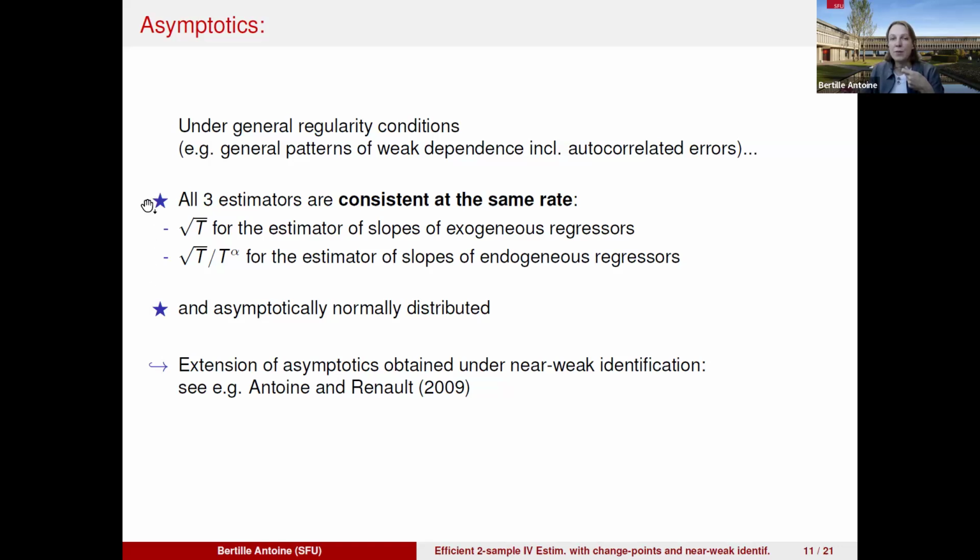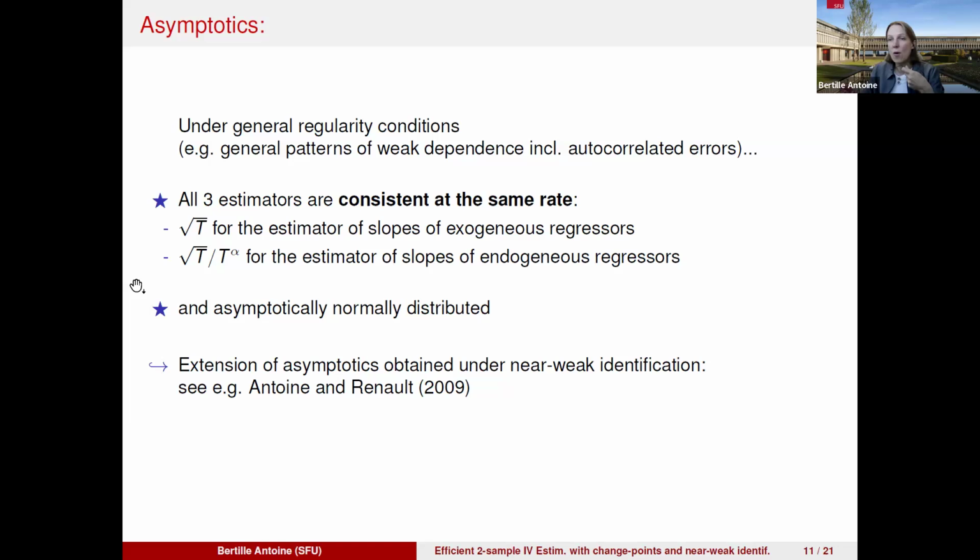And the rate depends, of course, on whether you are estimating the slope parameter of an exogenous variable, in which case you get the standard square root of the sample size rate, or whether you are estimating the slope of an endogenous regressor. In that case, the rate will be affected by the degree of weakness. And so the rate will be slower depending on how weak the instrument is.